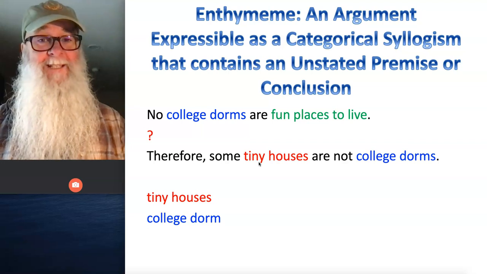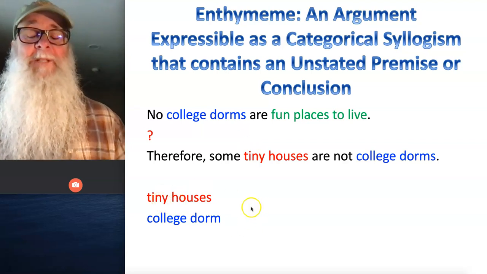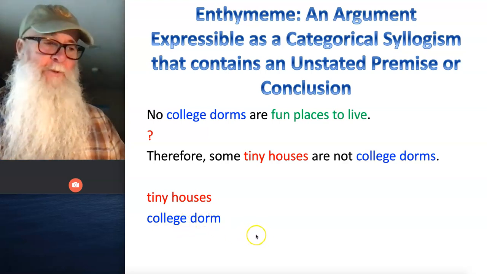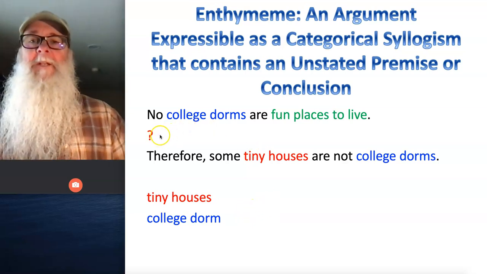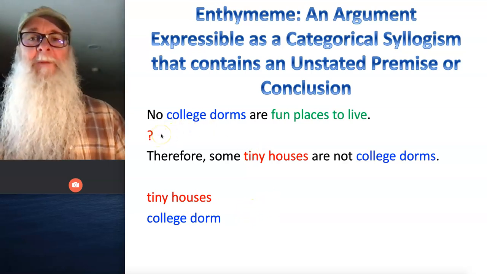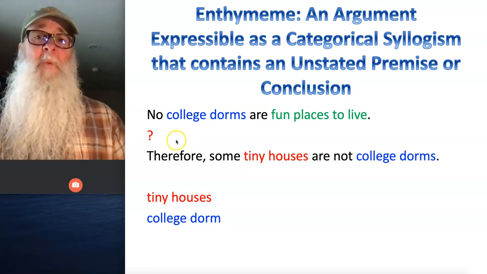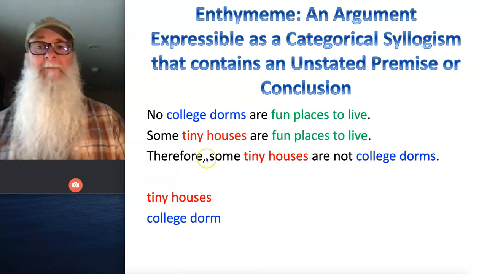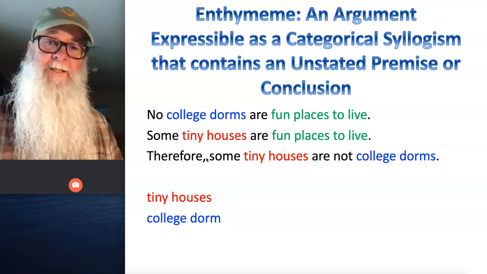It's either going to be an A statement or an E statement, and it's going to involve tiny houses and college dorms. When I look at my inventory of unconditionally valid forms, I'm going to see that the argument with the form EIO in figure 1 is a valid form of argument. And that means that my second premise is going to be: some tiny houses are fun places to live.